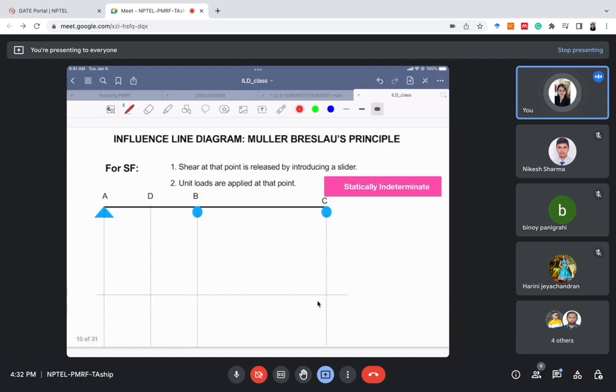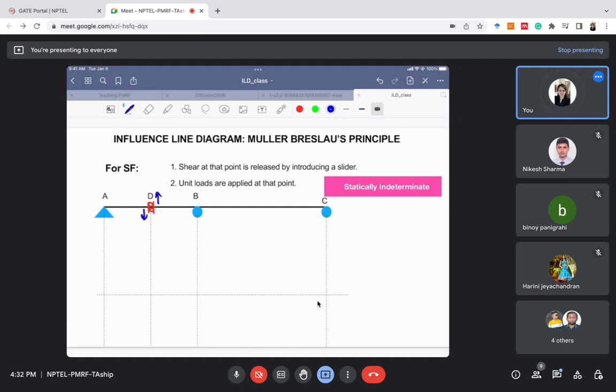Next, for shear force at D, suppose we need to calculate the ILD for shear force. The steps are the same here. We'll cut it at this point D, and move this part upward and this part downward.